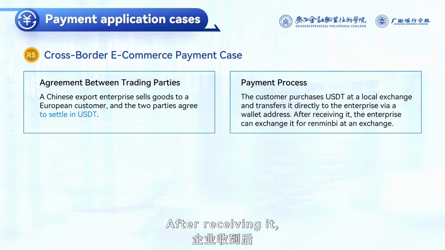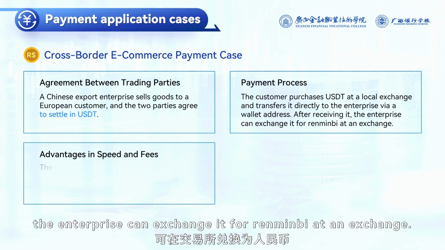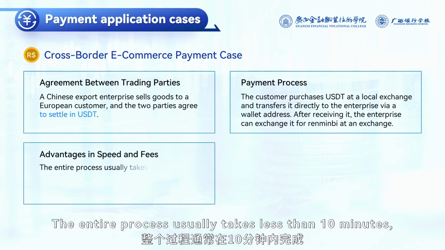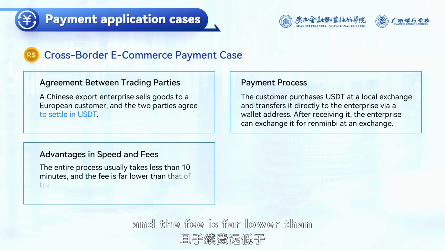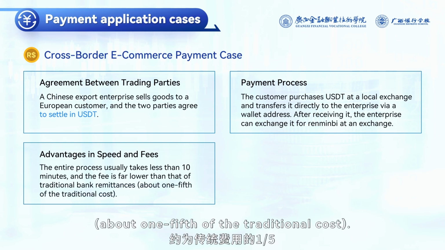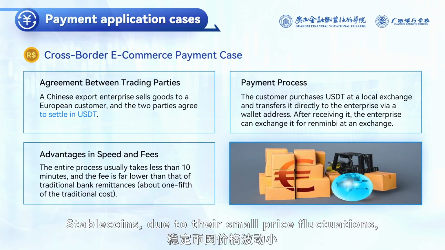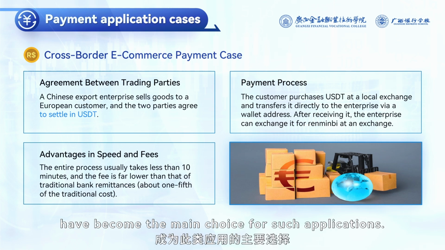After receiving it, the enterprise can exchange it for renminbi at an exchange. The entire process usually takes less than 10 minutes, and the fee is far lower than that of traditional bank remittances, about 1/5 of the traditional cost. Stablecoins, due to their small price fluctuations, have become the main choice for such applications.